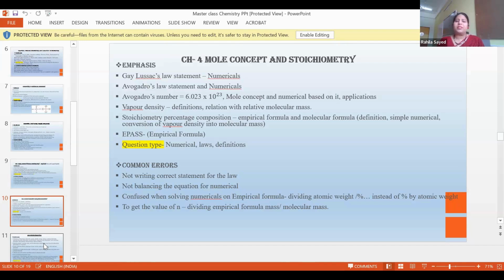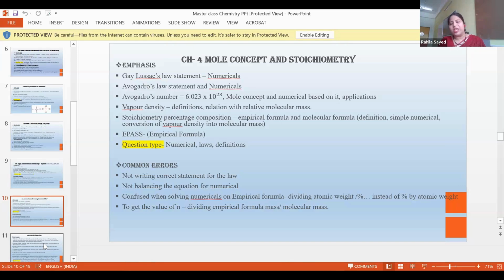Then for stoichiometry, percentage composition, empirical formula and molecular formula, the definition will be asked and simple numericals will be asked from you. For empirical formula, children, you can always use the E-pass method. That is a table. For drawing the table, always remember this word E-pass.